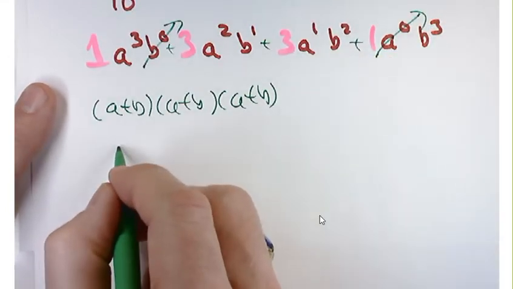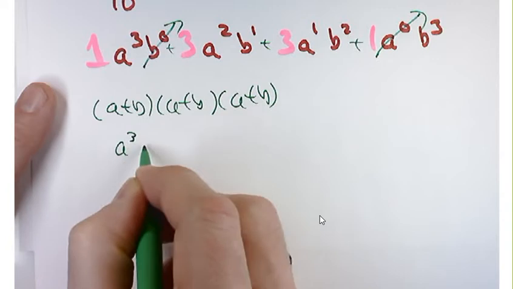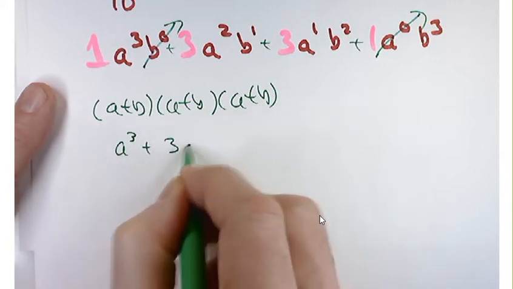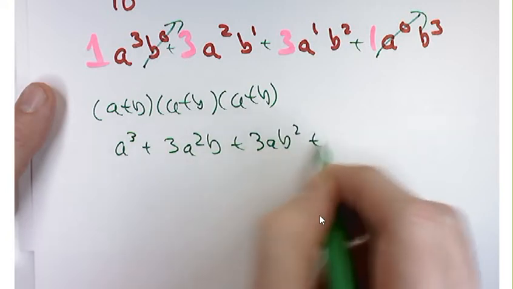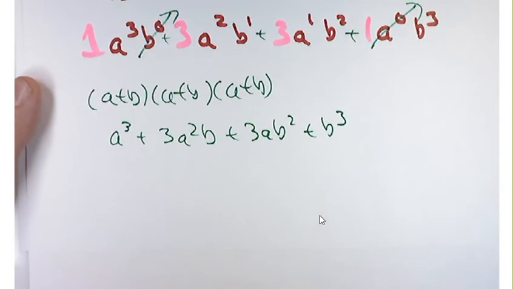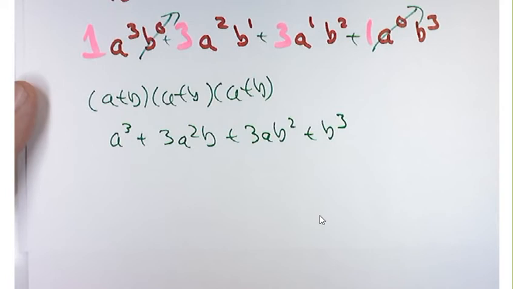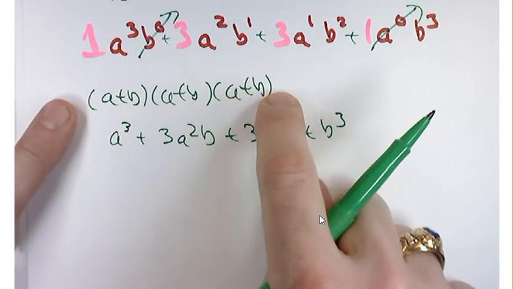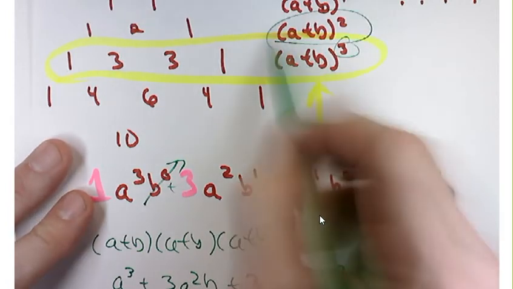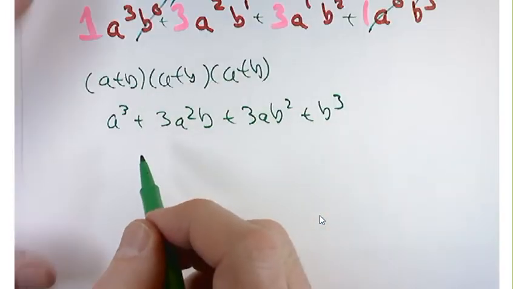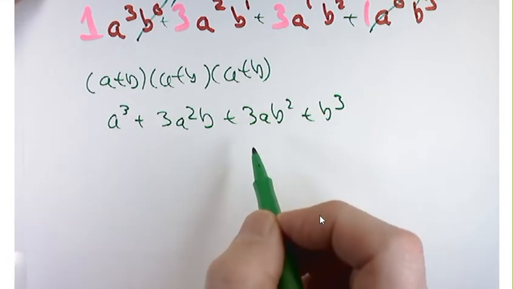Overall, you should get a cubed plus 3a squared b plus 3ab squared plus b cubed. It's a lot faster than doing this stuff by hand. I can, especially for these, but anything higher than 2, I'm going to be using Pascal's triangle.